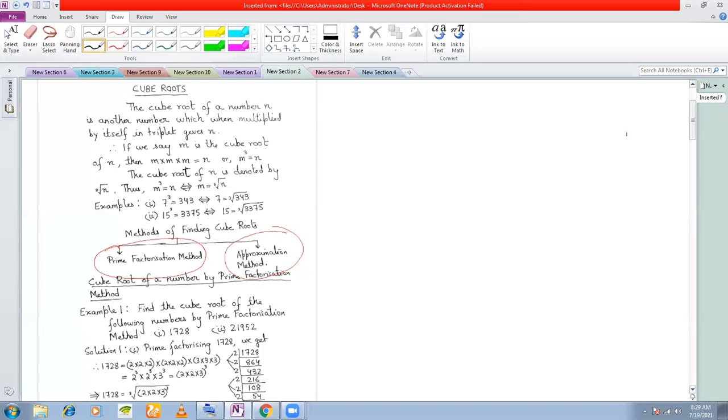But say if I ask you, what is the cube root of 2? You won't be able to tell me, right? Or the cube root of 5. There are certain special techniques which are not there in your syllabus.